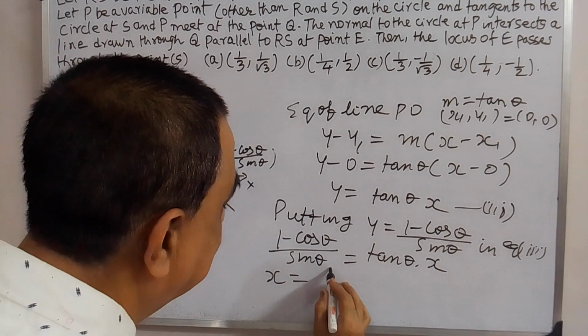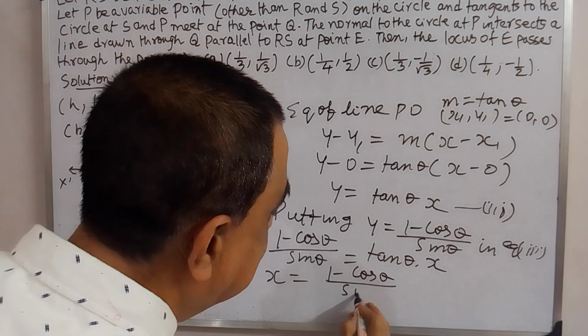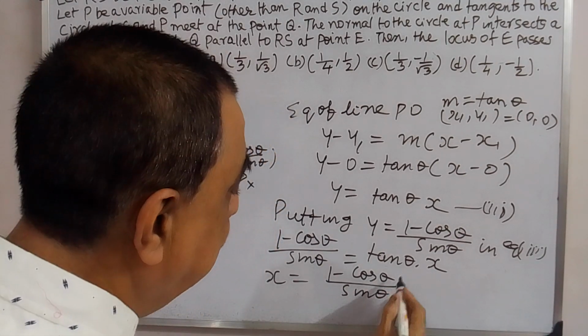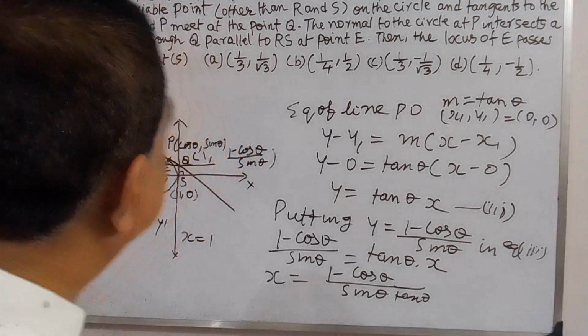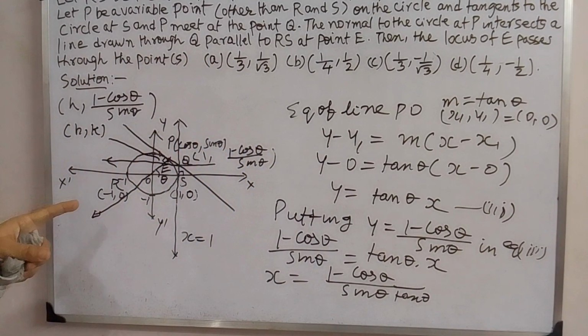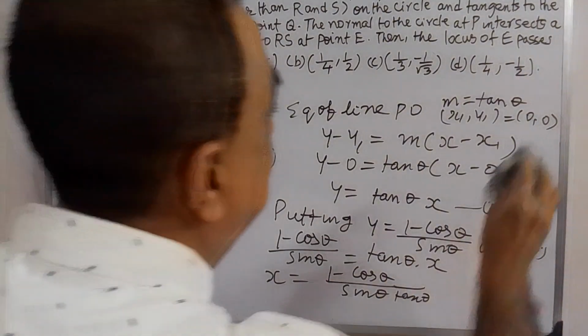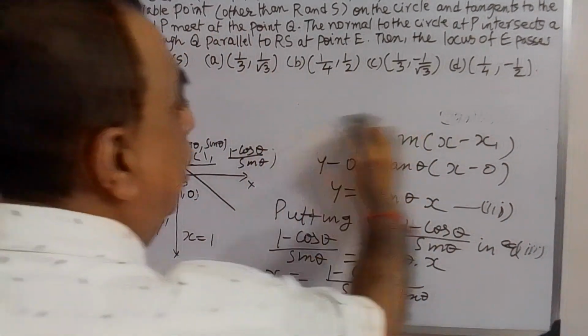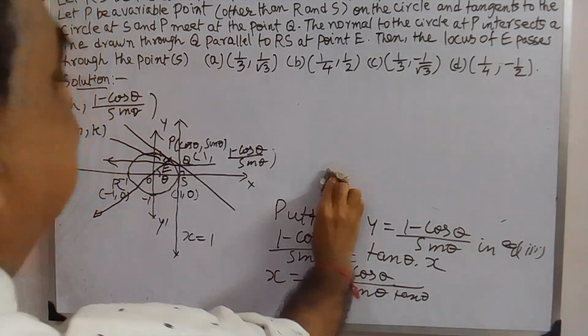The value of x will be (1 minus cos theta) divided by sin theta into tan theta, since tan theta comes down. That is the x coordinate of the point E.